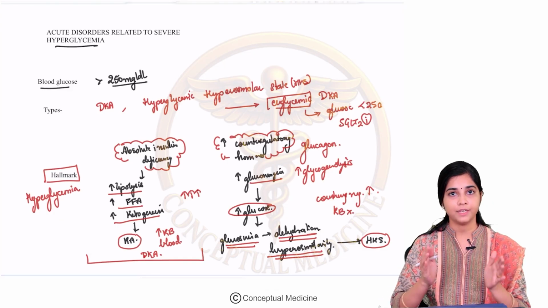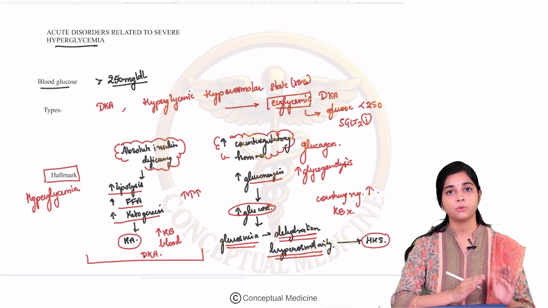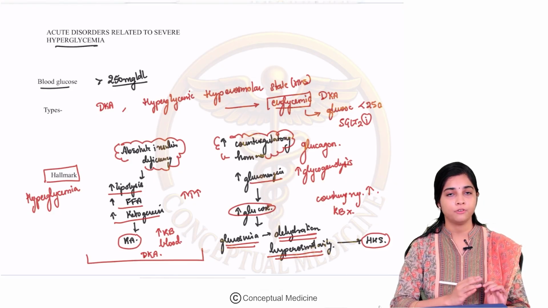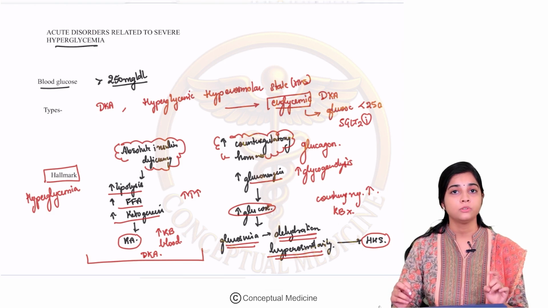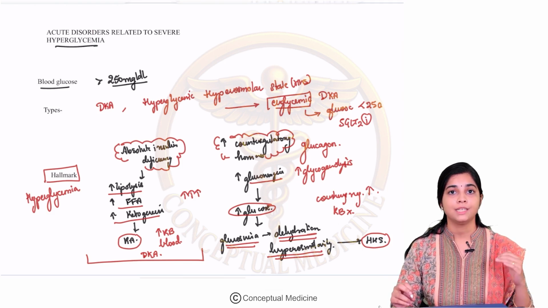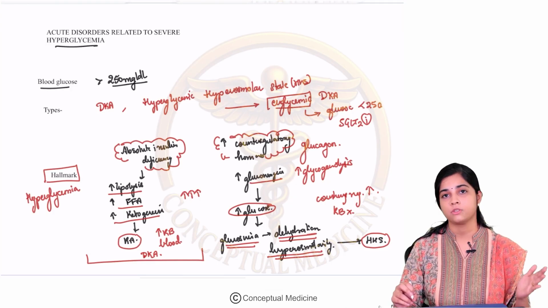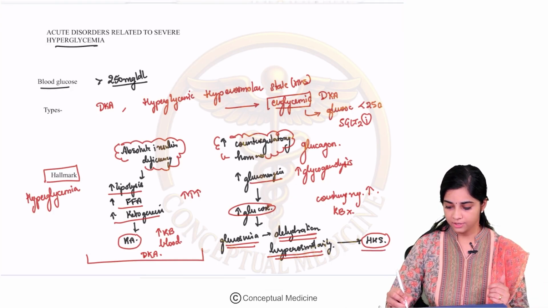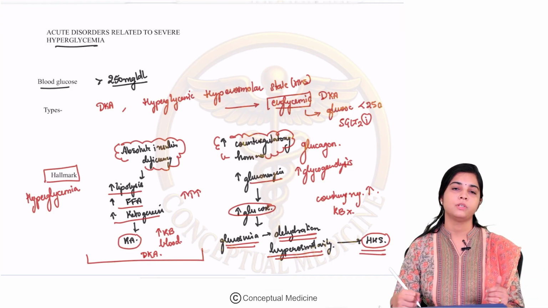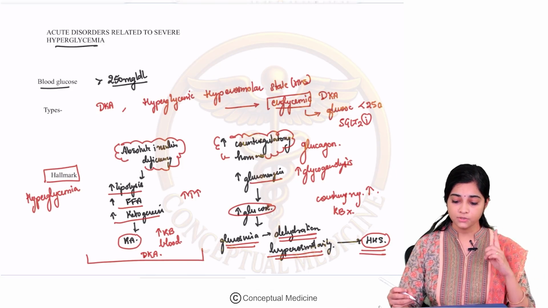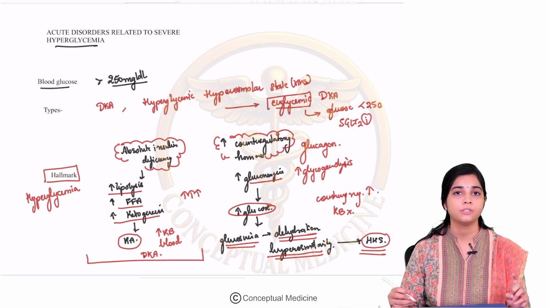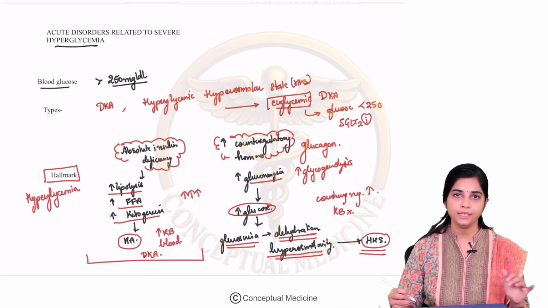So the pathway where absolute insulin deficiency causes more free fatty acids and more ketone body formation is not there in HHS. The ketone body levels are normal in HHS, but they have hyperosmolarity, which is not seen in DKA. HHS has more hyperosmolarity because they have more glucosuria and more dehydration. This is the principal pathophysiological difference between DKA and HHS.